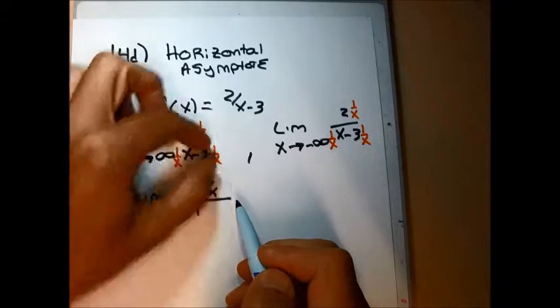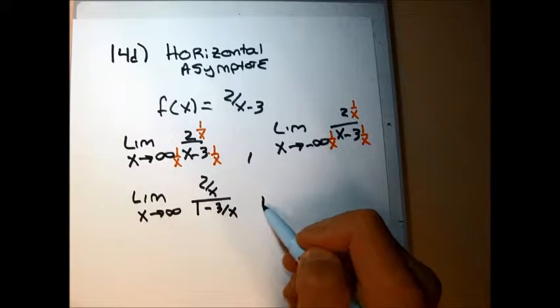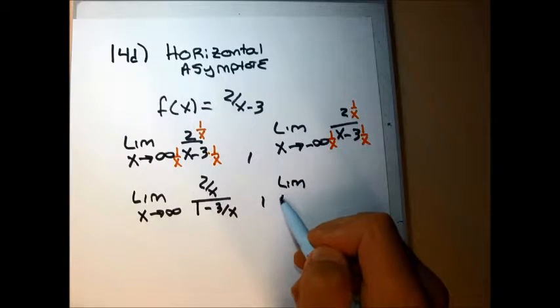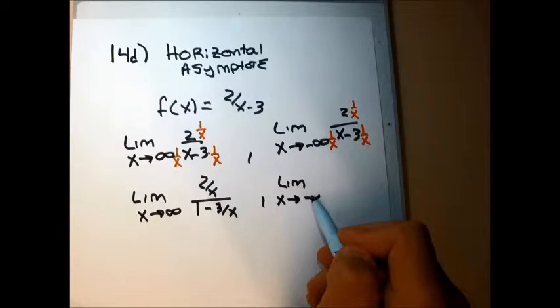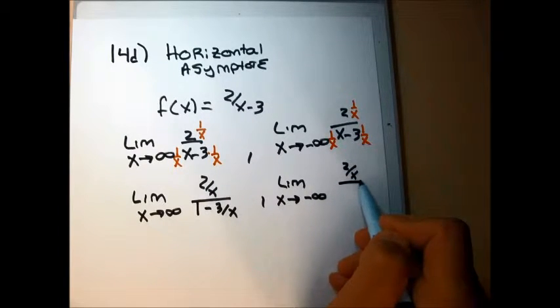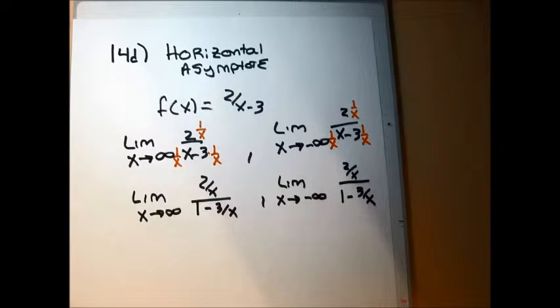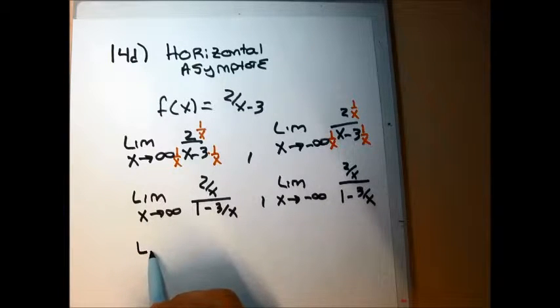And then there I multiply the 3 and the 1, I'm left with a 3 over x. In both of these, the algebra is going to be exactly the same until we go to plug the number in. Now on the left one, I'm going to plug positive infinity in, and the right one, I'm going to plug negative infinity in.